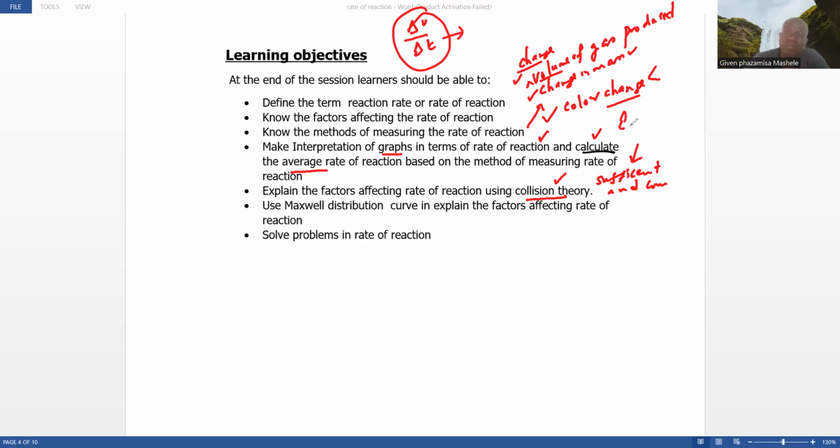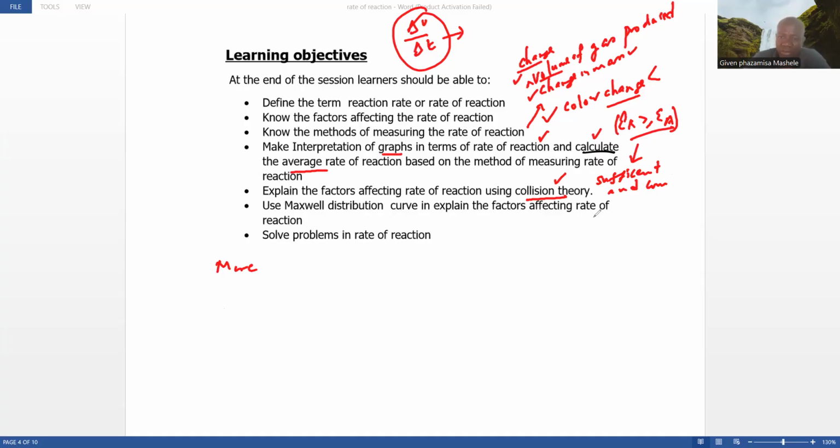Sufficient energy is where the average kinetic energy is greater than or equal to the activation energy. If more particles are colliding per unit time with sufficient energy and correct orientation, it means you'll have more effective collisions per unit time. The reaction will be faster.